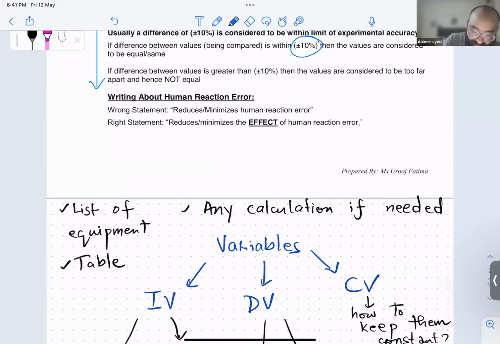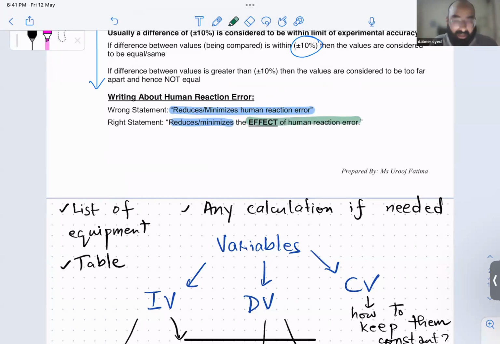So rather than writing reduces or minimizes human reaction error, which is a false statement, because remember, if you average things 2 or 3 times, you're not technically changing my reaction time, which means you're not changing my human reaction error. You are reducing and minimizing the effect of human reaction error. So that's the right terminology.